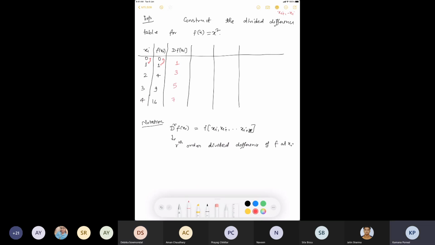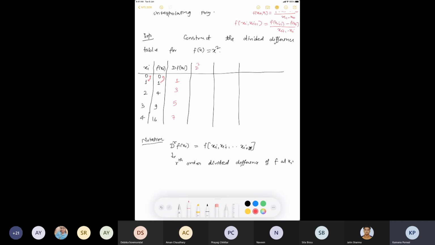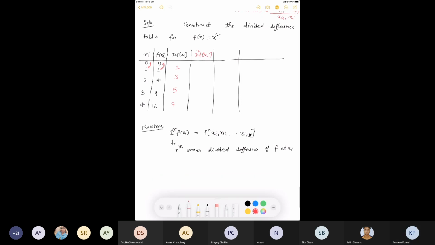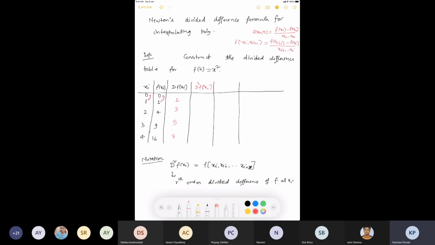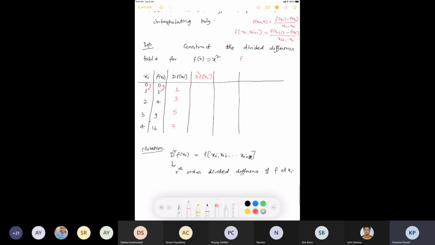Okay. So likewise, I can compute the second order divided differences at the xi's. So what is the second order divided difference? If I consider f[x0, x1, x2], by using the divided difference formula, this will be f[x1, x2] minus f[x0, x1] divided by x2 minus x0. Right?